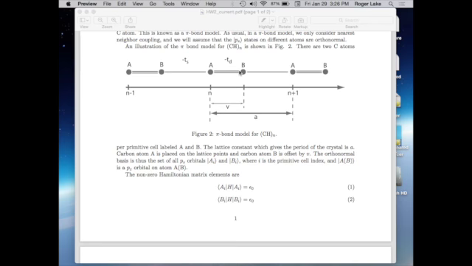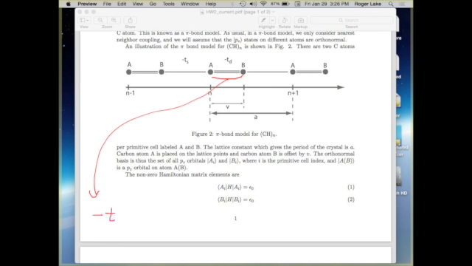Could you say that one more time? I'm sorry, I can't really visualize it. So for these two, looking at this matrix element, I'm going to have your minus TD, and then I'm going to have this e to the ika times n minus m.